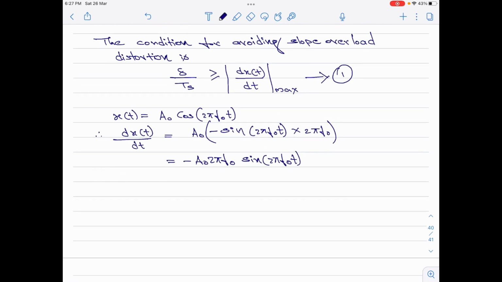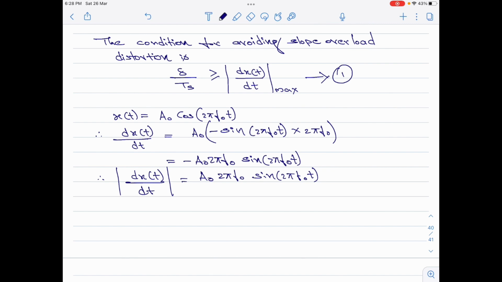As per equation 1, we want the magnitude of dx(t) by dt. Therefore, the magnitude of dx(t) divided by dt is equal to, now the negative symbol will be eliminated, A0 into 2 pi f0 into sine of 2 pi f0 t.